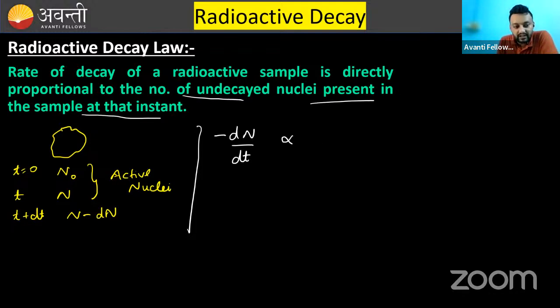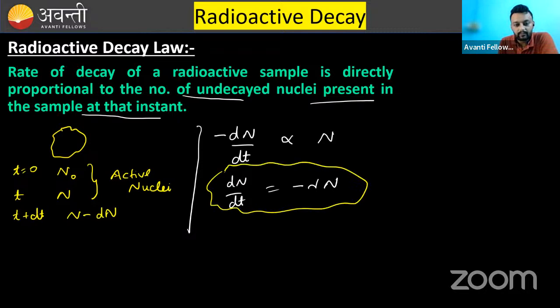So at time t, the number of undecayed nuclei was N. If you remove the proportionality sign, it becomes dN over dt equals lambda into N, and I have put the minus sign here. So this is the decay law.